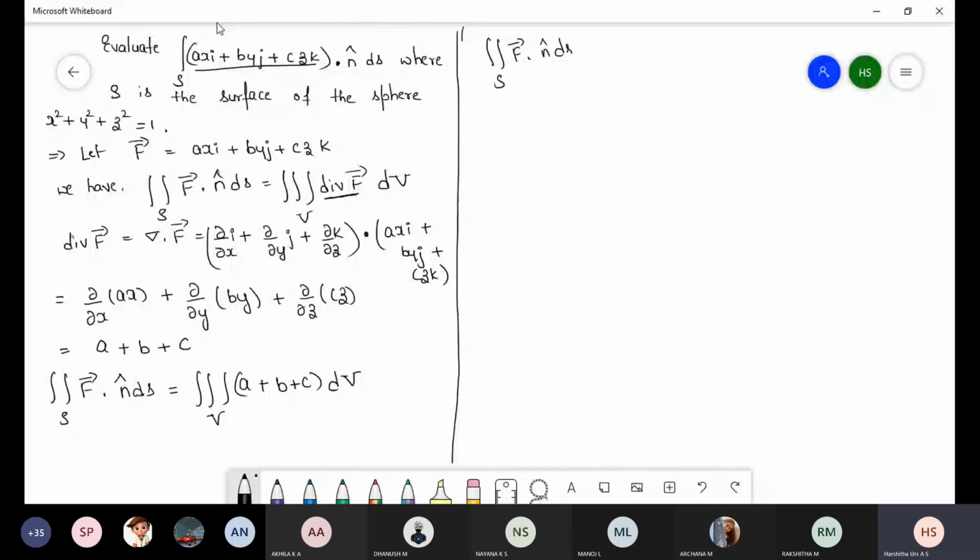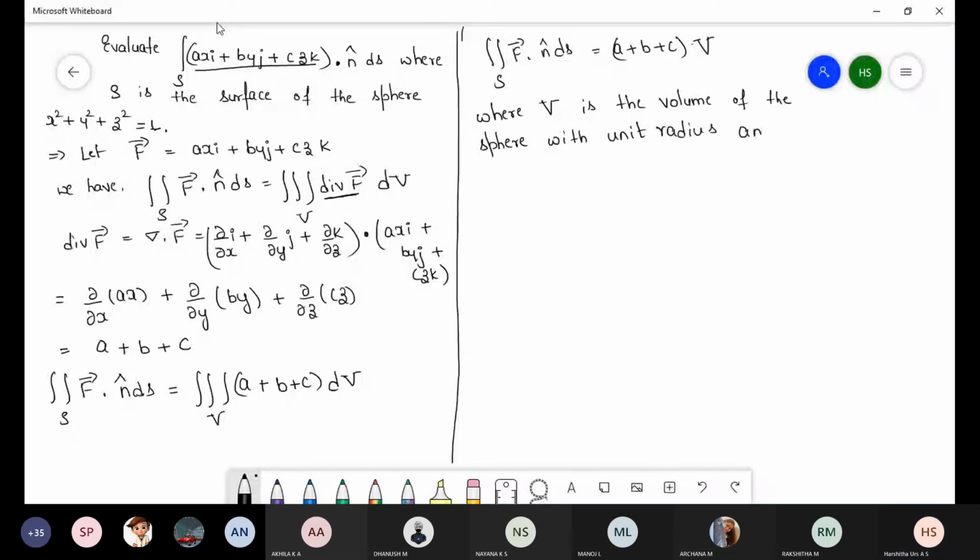where V is the volume of the sphere with unit radius, because here the radius they have given is 1.